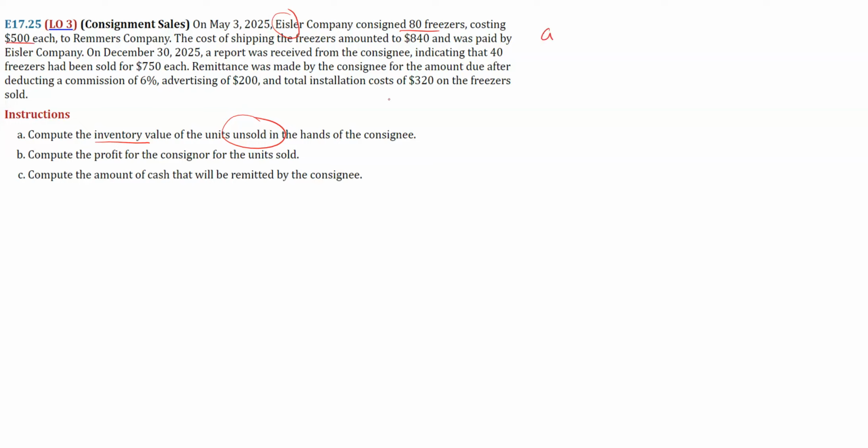So if you need to calculate the inventory cost, first the cost of the freezers: $500 multiplied by 80 freezers. Each freezer costs $500, and multiplied by 80, it will be $40,000.